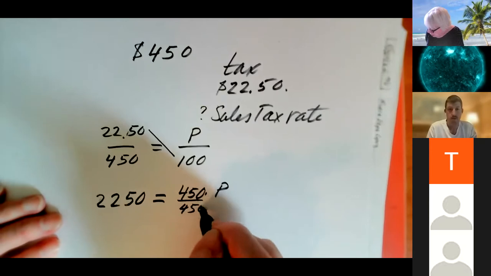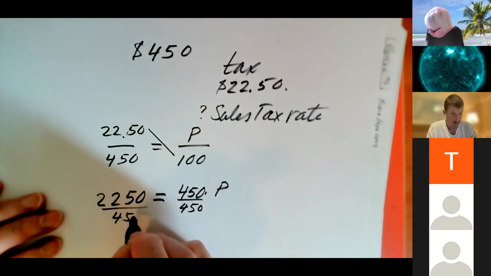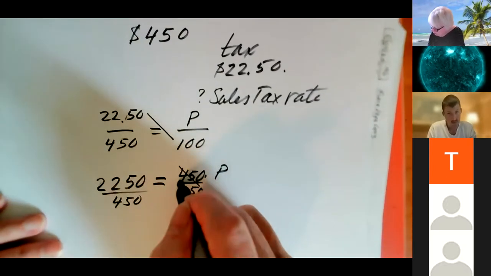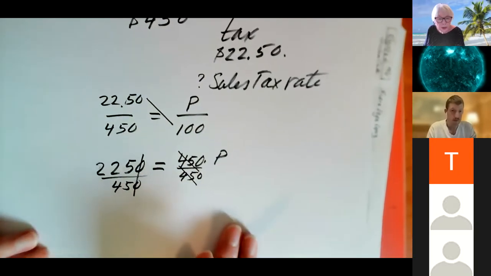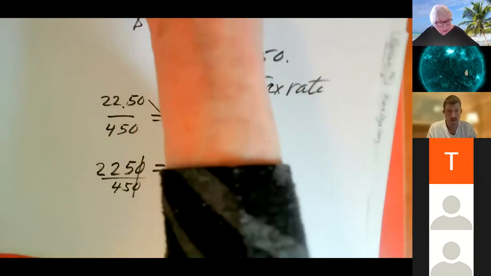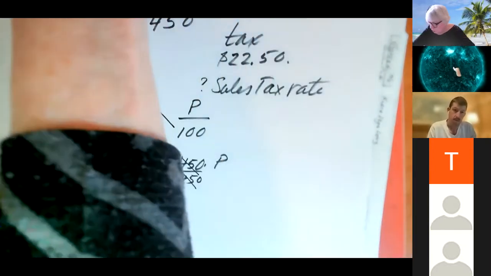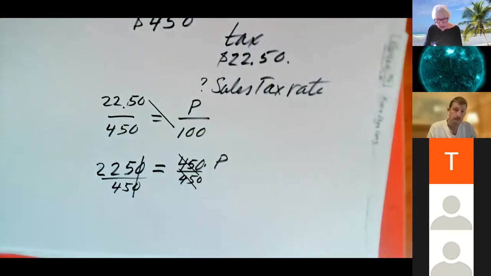I'm going to divide and divide. I'm going to kill a pair of zeros. And I think 45 into that, I think it's like, anybody know? 20. 5.